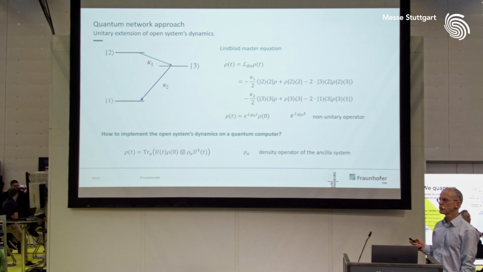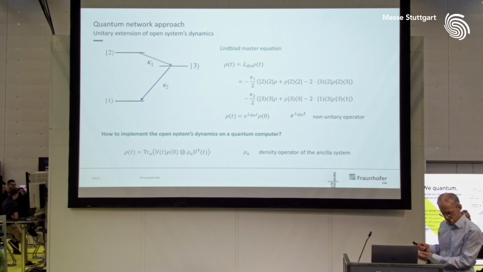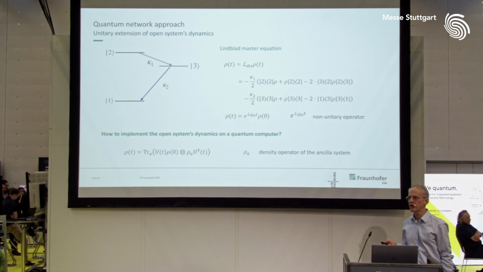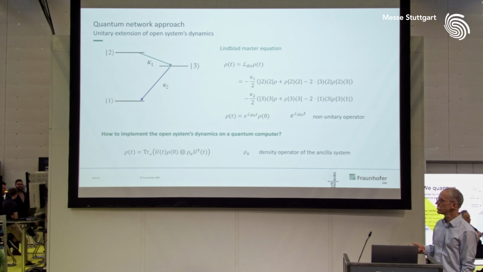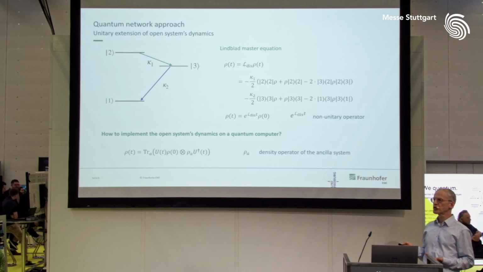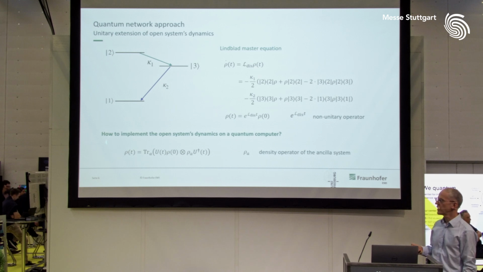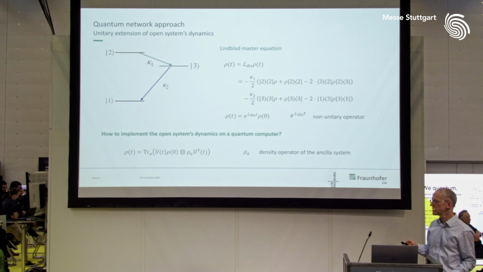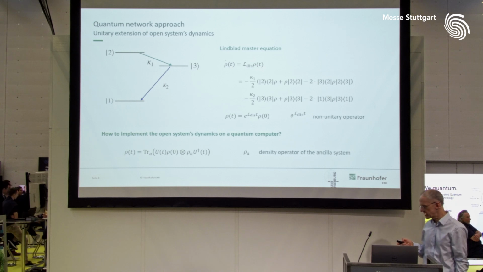So we need to attach to our quantum system a certain ancillary system, and then the total system, described by this tensor product of the density matrices, is governed by certain unitary operators. And then after a certain time evolution, we can obtain the reduced density matrix by tracing over the degrees of freedom of the ancilla.